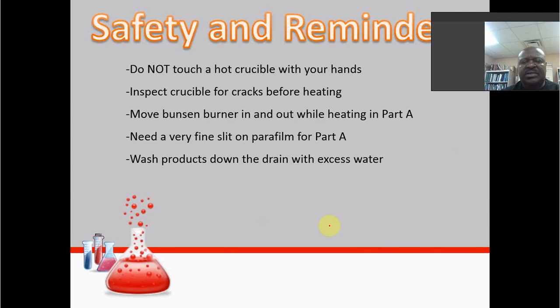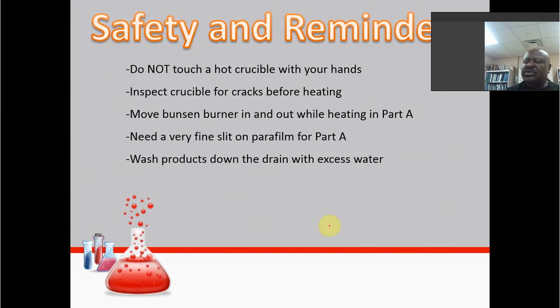What is hot? Crucibles are hot, and you don't want to touch them while they're still hot. So err on the side of a lot of time to cool. Before starting, make sure the crucible doesn't have any cracks. If it has any cracks, exchange it at the stockroom.